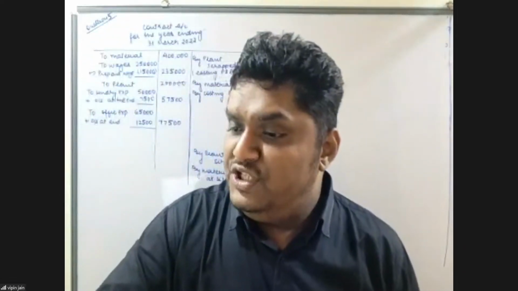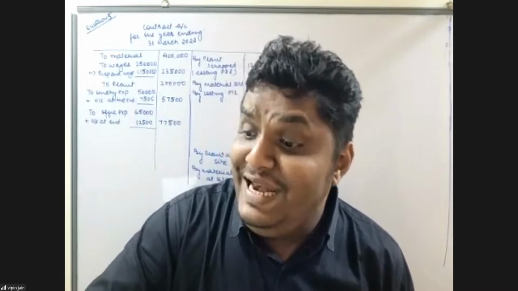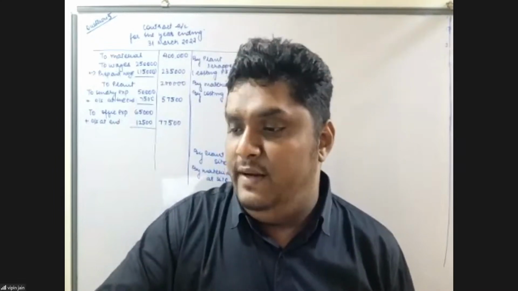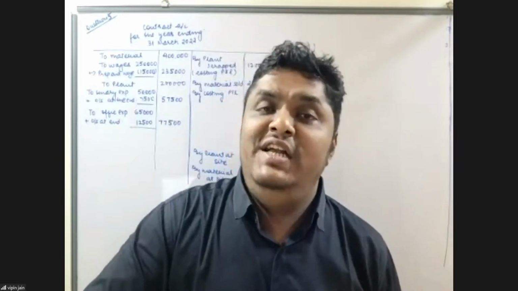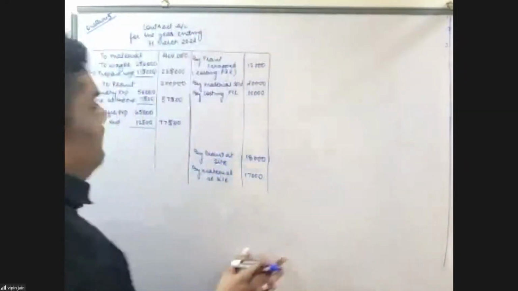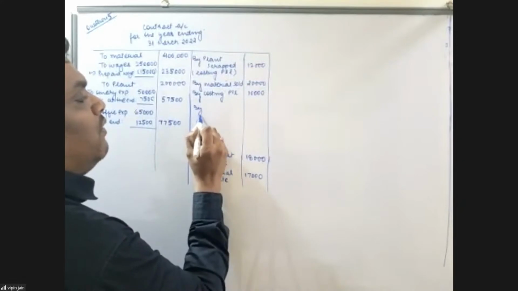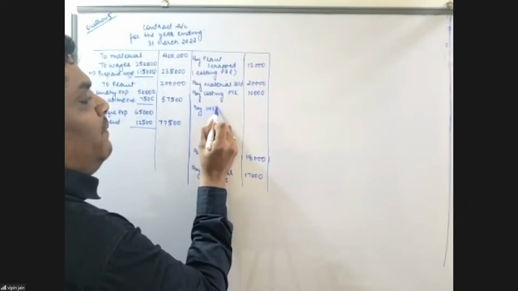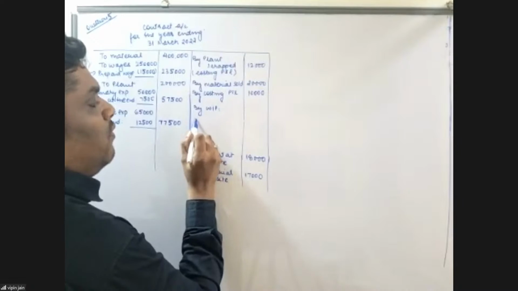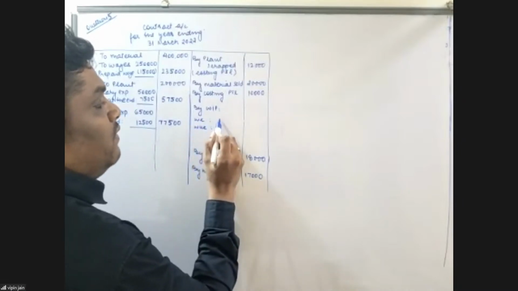Further, it is given in the question that the cash received on account till 31st March is 13,50,000, representing 90% of the work certified. So how much will be work certified? Very simple, 13,50,000 divided by 90%. So that is 15 lakh. So by work in progress, work certified and work uncertified.